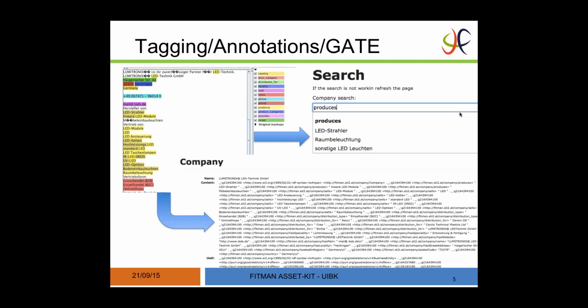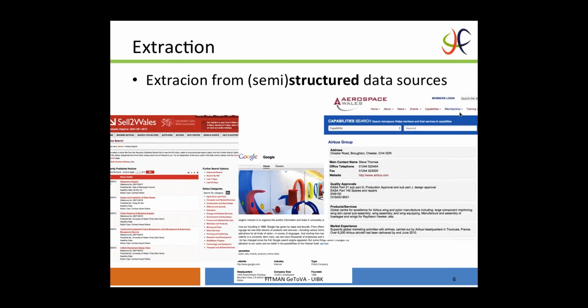But we also use these annotations, which are done by this Gate tool, to provide sophisticated search capabilities. You can search for certain tags and keywords, which I think is quite nice for later searching. And basically everything I mentioned here is available via the REST API.